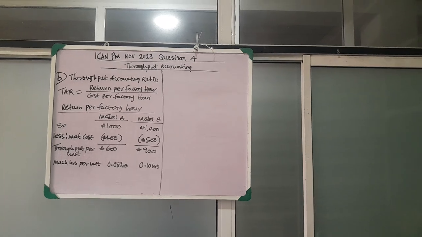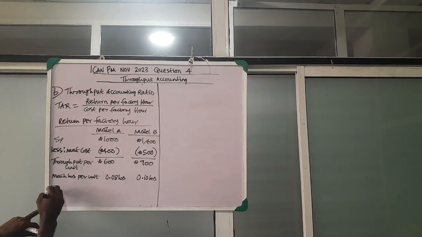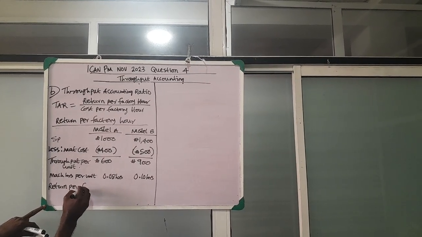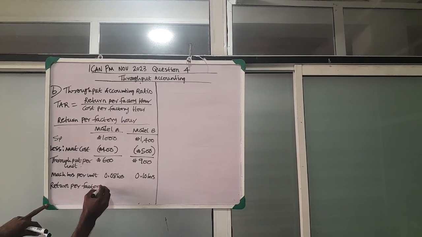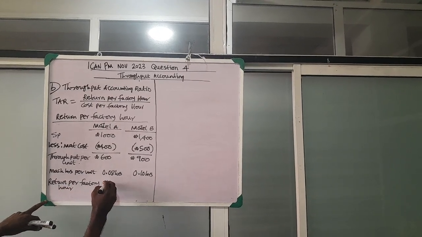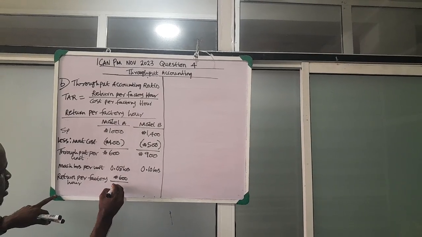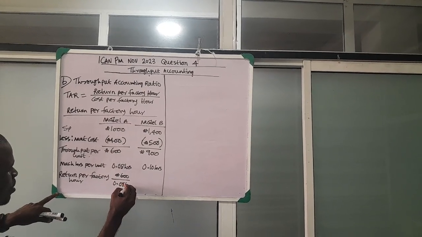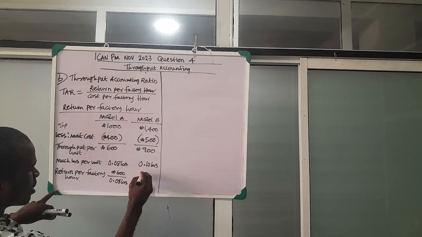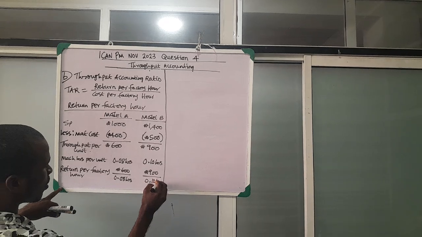Then we'll go to the return per factory hour. Return per factory hour is simply dividing the 600, which is the throughput per unit, over 0.08 hours, which is the machine hours per unit. So here the same thing, 900 divided by 0.10 hours.